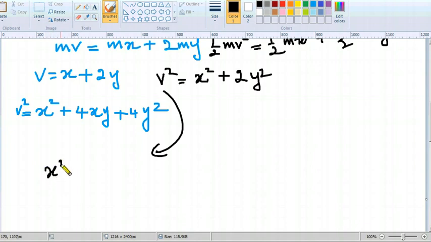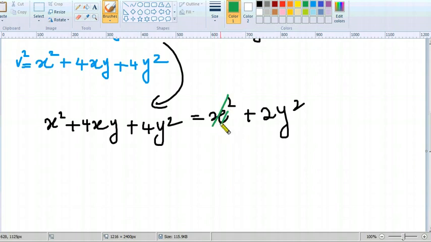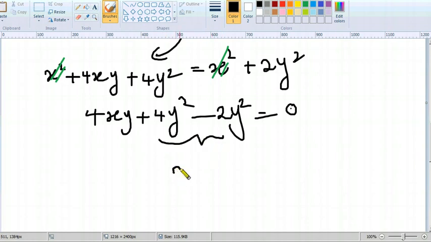Then x squared plus 4xy plus 4y squared equals x squared plus 2 times y squared. x squared cancels. Then 4 times xy plus 4 times y squared minus 2 times y squared equals 0.